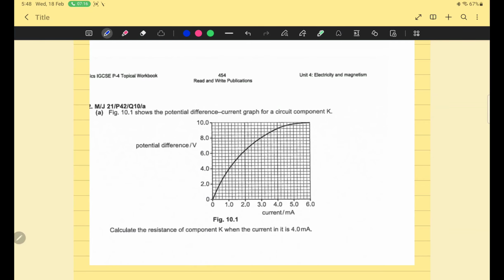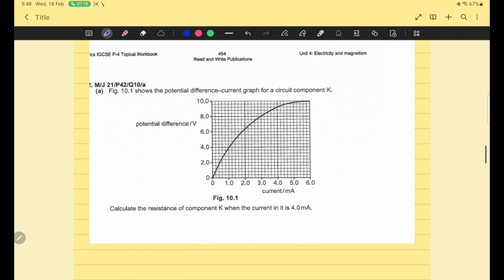Question number one of today's class is, sir, we are given a graph of current versus voltage. If the graph is a straight line, it means the temperature is constant and the resistance is constant. But here the graph is not a straight line.